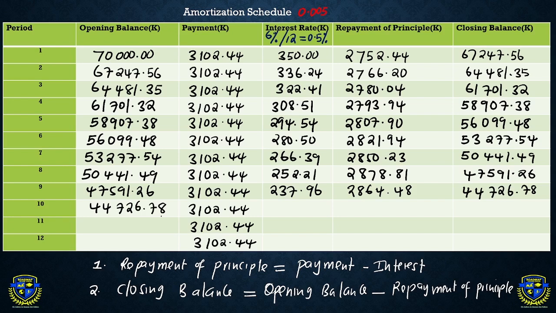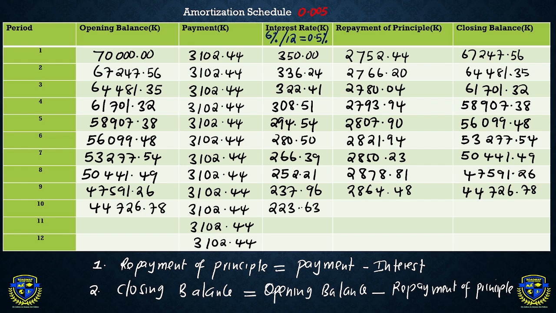So 44,726.78 becomes the opening balance. Okay, so we multiply this by 0.005. It's going to give us the interest for that period, which happens to be 223.63. Now, this being the interest, the difference of the 223.63 from 3,102.44 becomes the repayment of a principal.